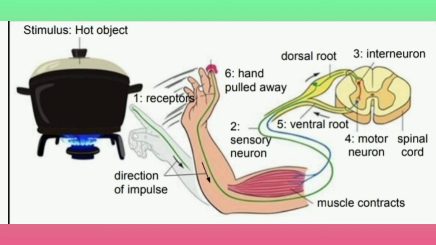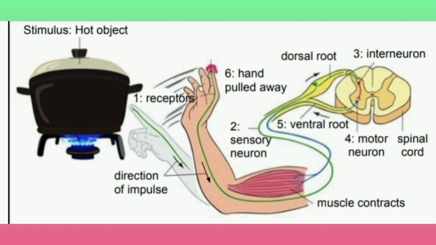The impulse exits the spinal cord through the ventral root and is transmitted along the axon of the motor neuron to the effector organ. In this case it would be the muscle of the hand contracting. The hand will pull away from the stimulus quickly.